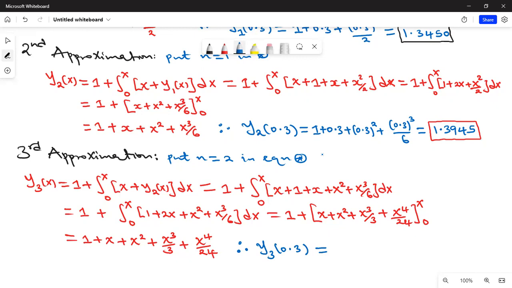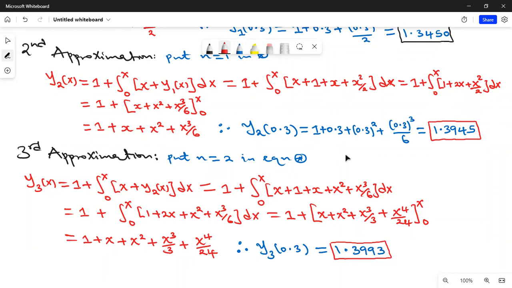When you substitute the value of x as 0.3, you need to get y3 to be 1.3993, correct to 4 decimal places. You see, we are almost achieving the convergence. We are almost there. So we proceed to the fourth approximation.